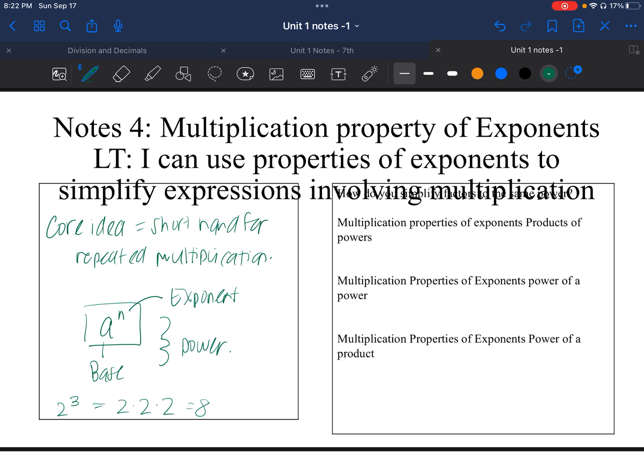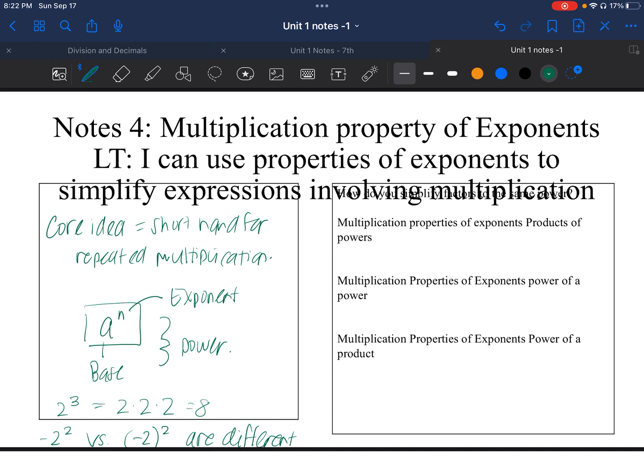Another thing that we need to understand is that negative 2 squared versus parentheses negative 2 with the squared outside of the parentheses are different. They do not give us the same solution because in only one of them are we squaring that negative.